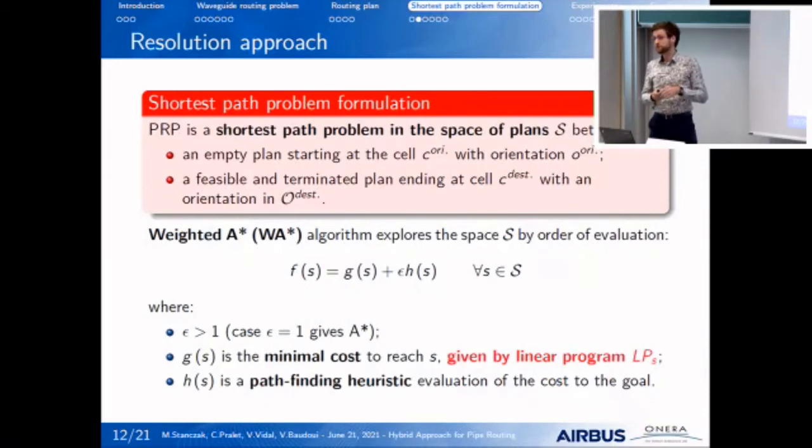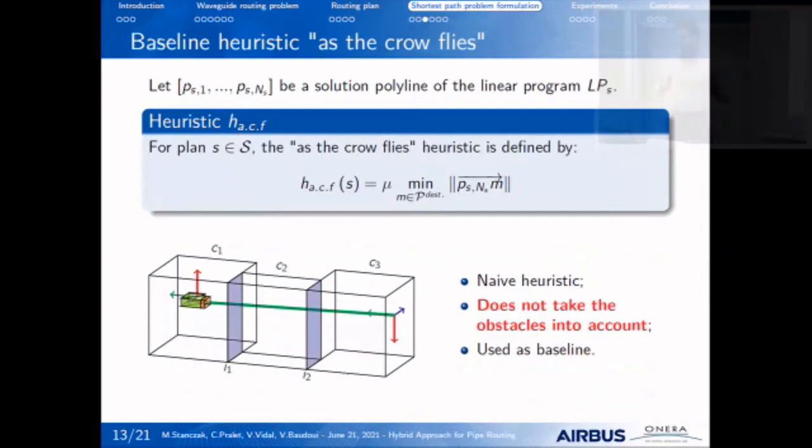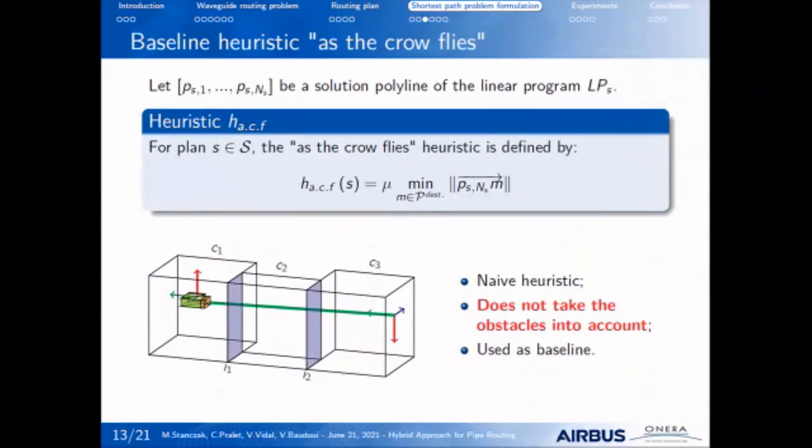This evaluation function is the sum of the cost of the routing to reach the routing plan given by the linear program LP(S), plus epsilon times a pathfinding heuristic, which estimates the distance to reach the destination from the current routing plan S. A first naive heuristic consists in using the as-the-crow-flies distance between the last point of the neutral fiber, which is also given by the linear program, and the destination.